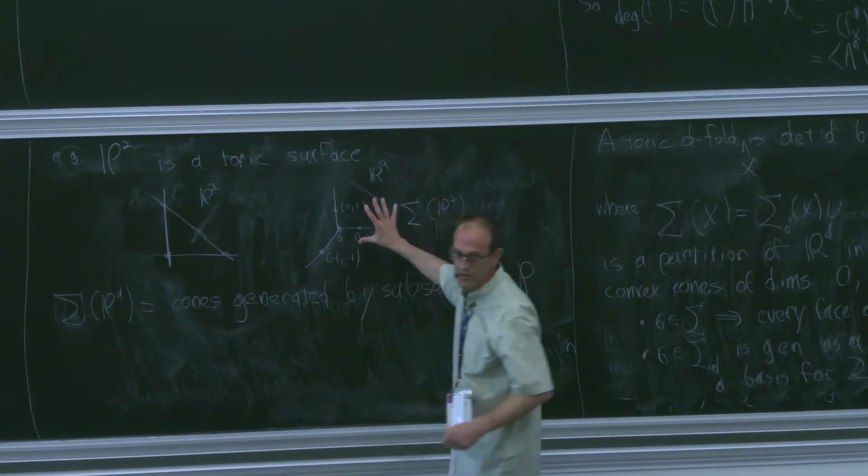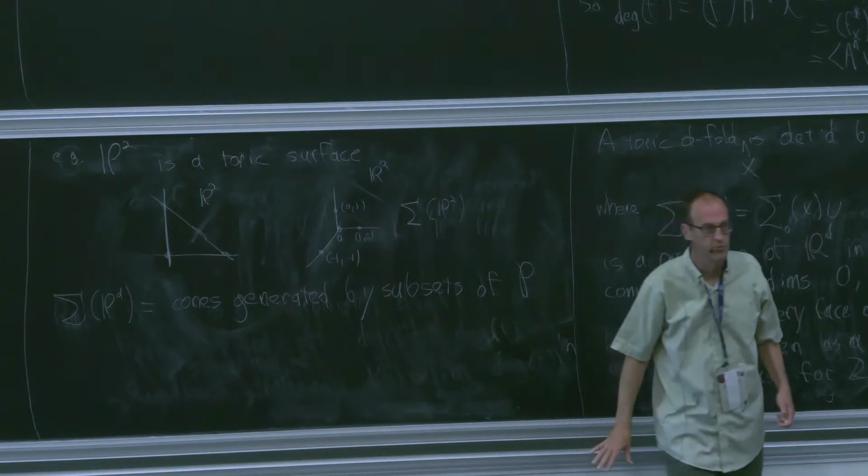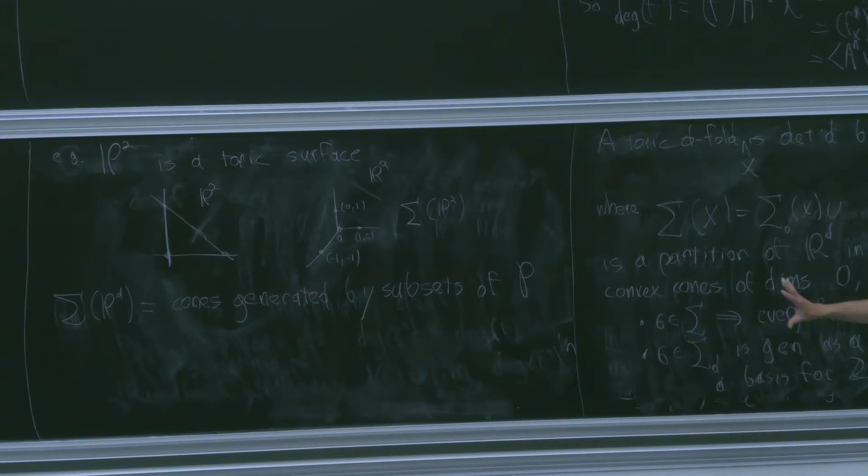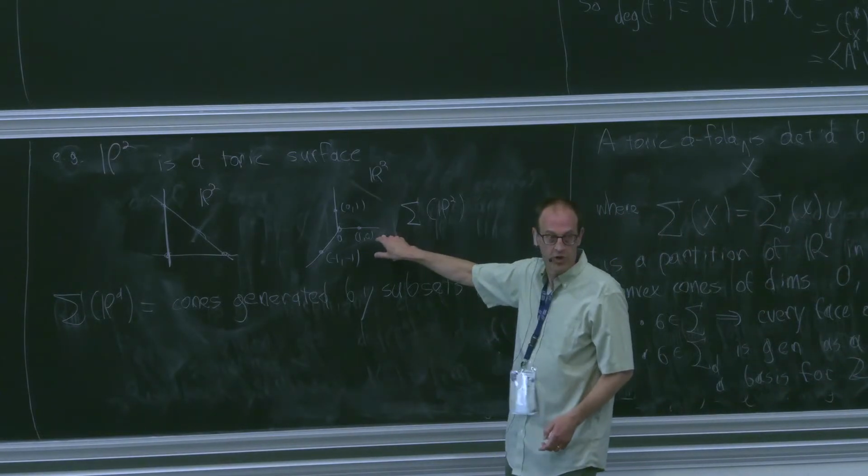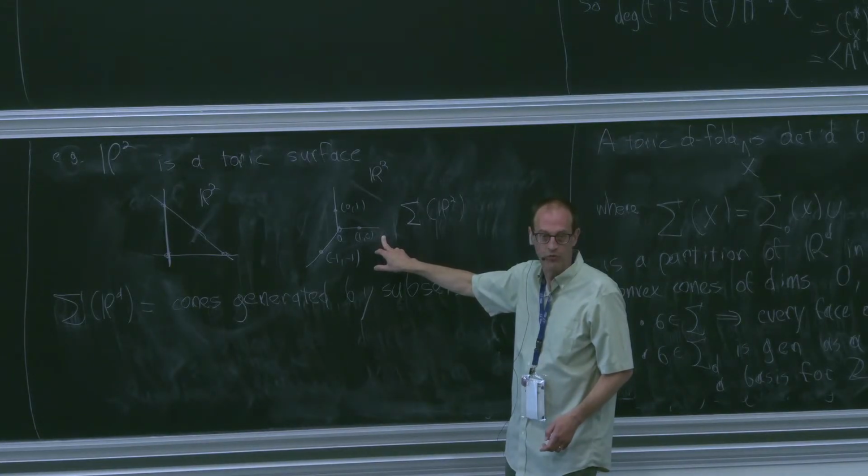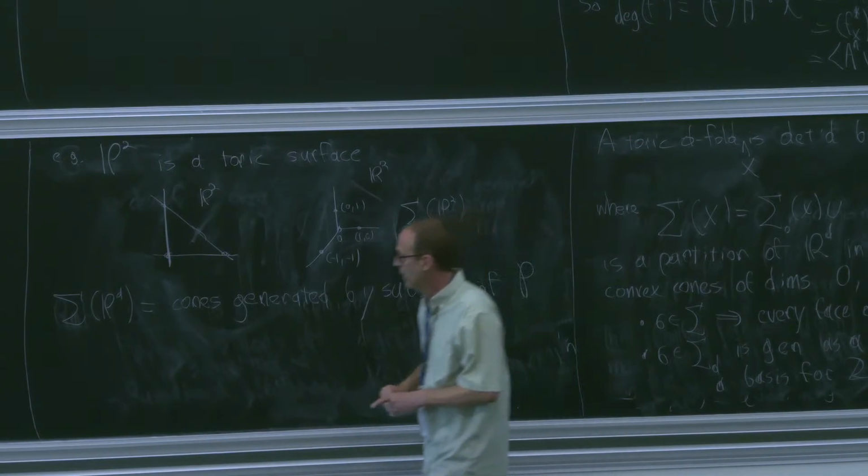So what I want to say, I'm going to leave the correspondence between fans and toric d-folds mostly mysterious. The one thing I want to emphasize, though, is that the rays, the one-dimensional cones, correspond to the poles of the form in X.